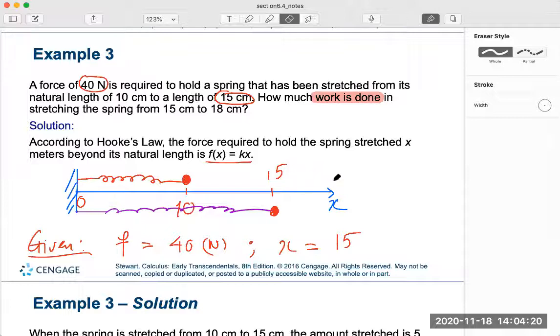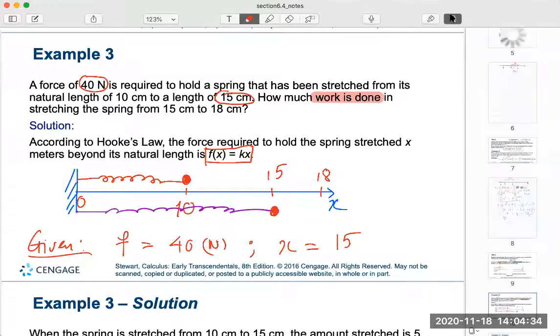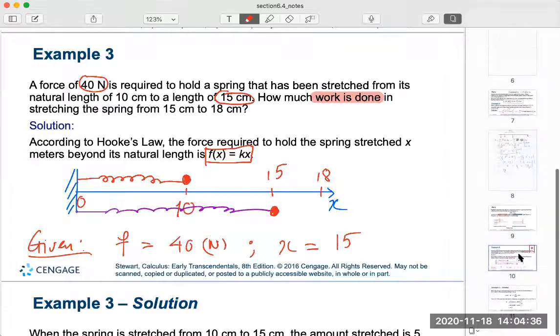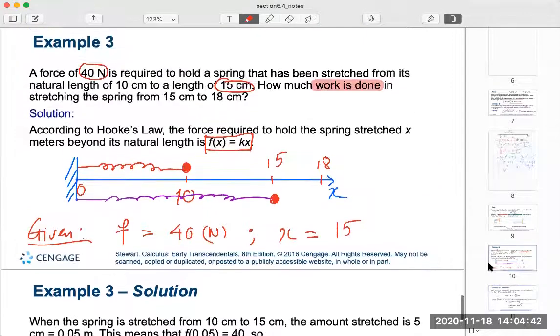Therefore, 18 should be somewhere here. Yeah. So from this relation, what can we do? What does it tell us about? It would tell us the k, right?